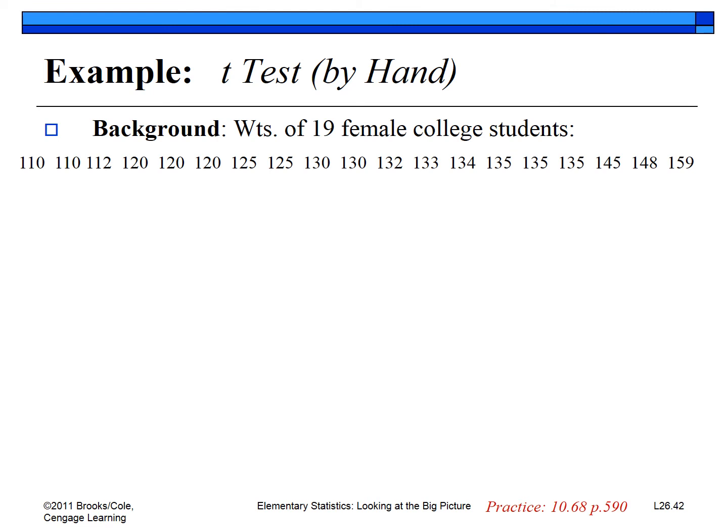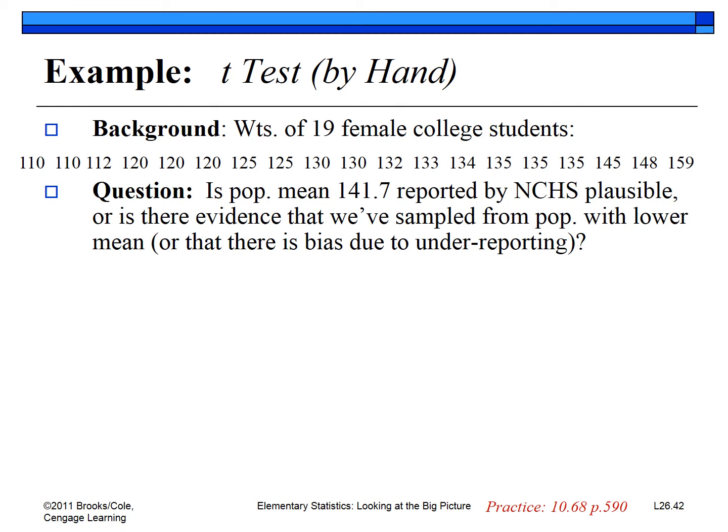Now, if we need to do a t-test by hand, here's how we'll do it. Here are the weights of 19 female college students. The population mean reported by the National Center for Health Statistics is 141.7. So looking at our sample, do we have evidence that the population that we pulled from is different from the NCHS population?